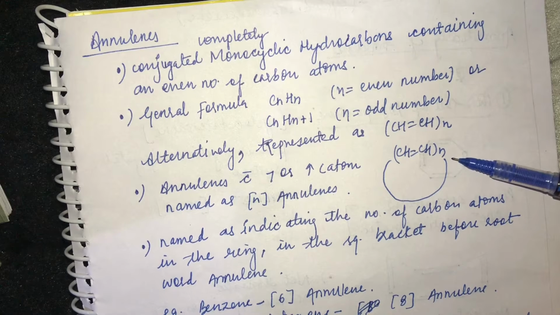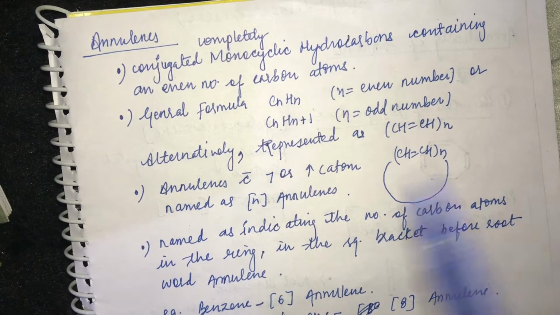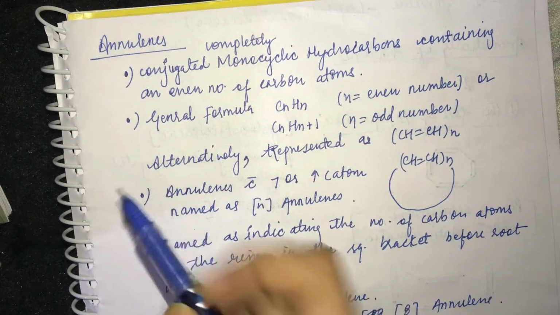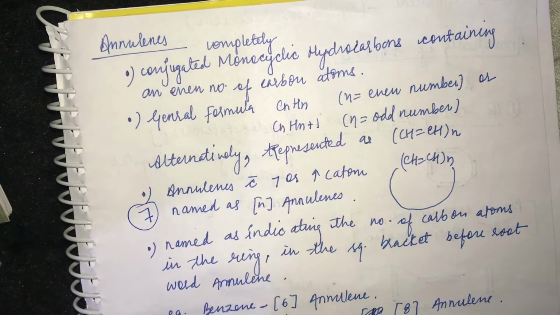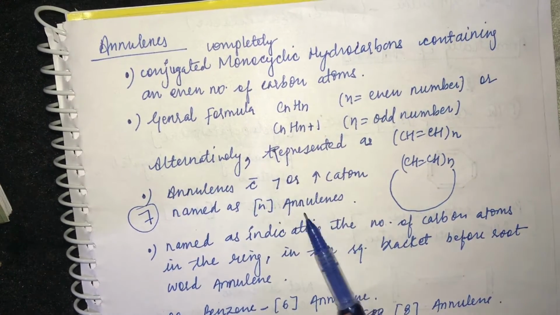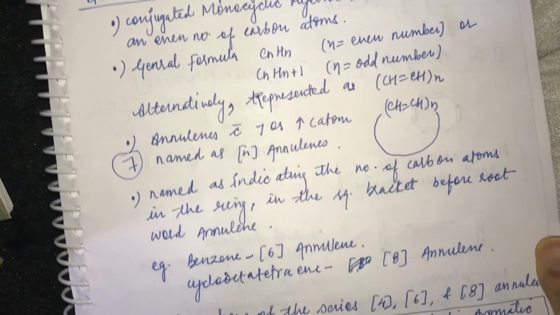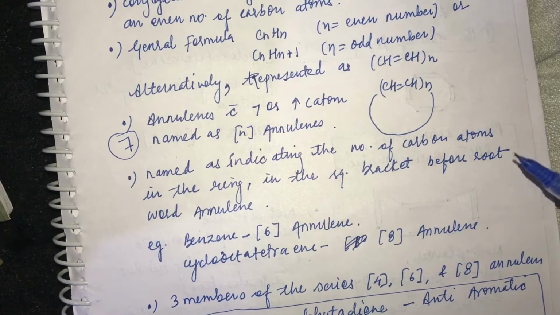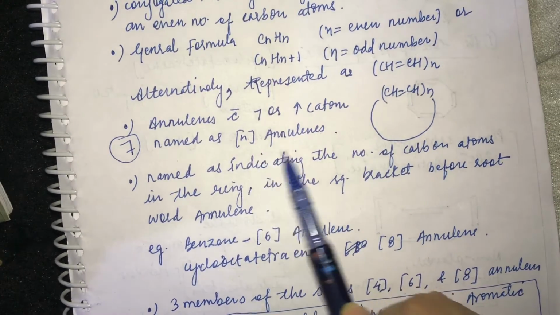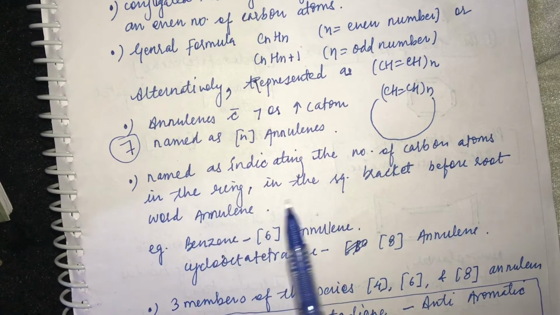As per the convention, annulenes with 7 or more carbon atoms in the ring are named as N-annulenes. That is, they are named by indicating the number of carbon atoms in the ring in square brackets before the root word annulene.